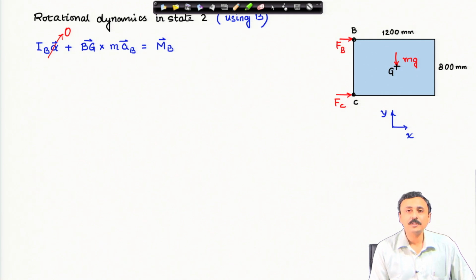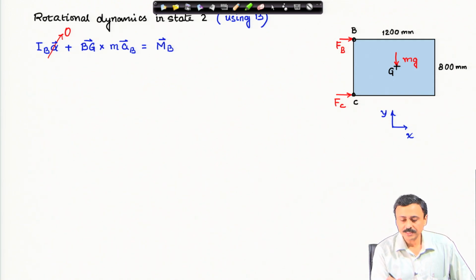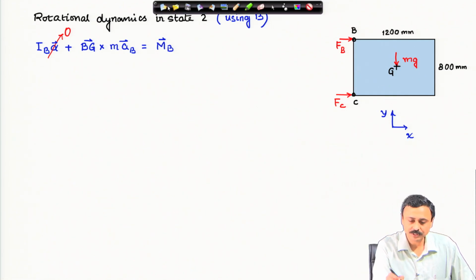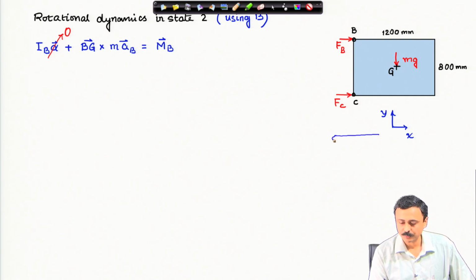Weight is known, the only thing then the unknown would be Fc. Also note one more thing, since the links are massless, therefore, they form what are known as two force members. In mechanics, these are called two force members.